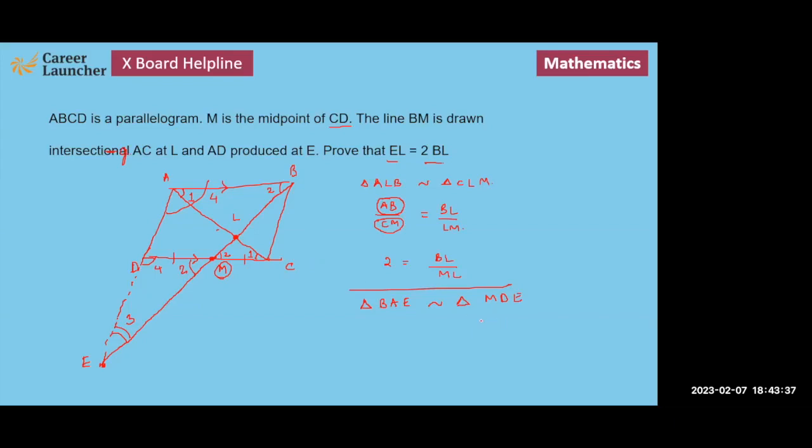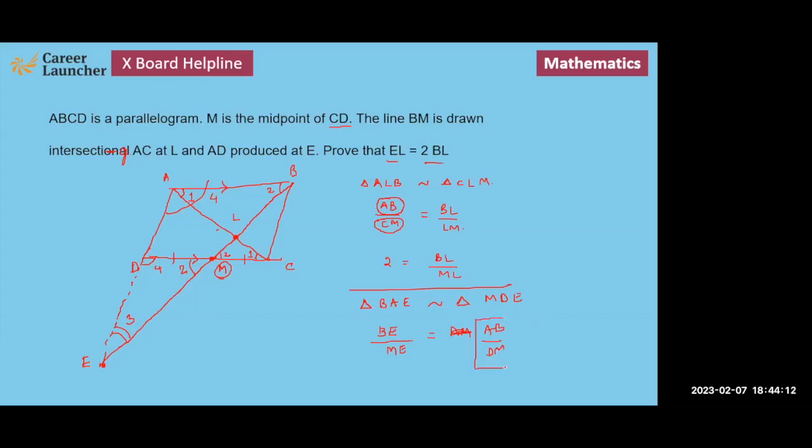So I can say fairly certain that BM, sorry, this should be MDE, right? So, okay, now BE by ME is equal to DM, rather AB by DM.